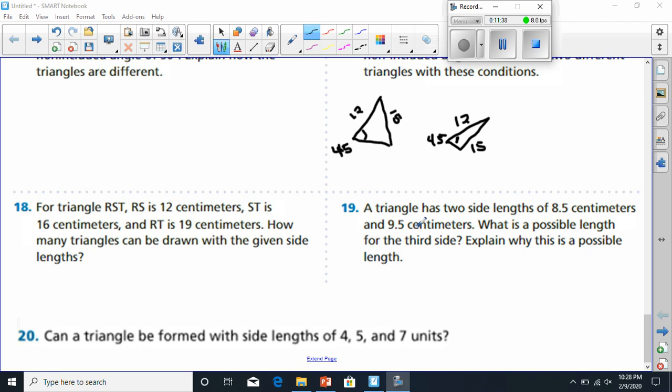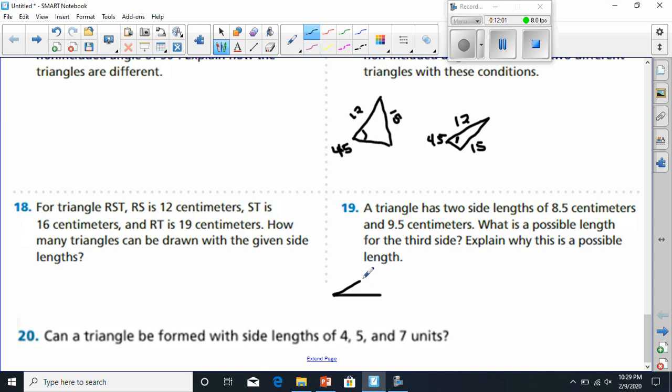Well, what we have to remember is the triangle has to have two sides that are bigger than the third side, because if not, I wouldn't be able to touch them.